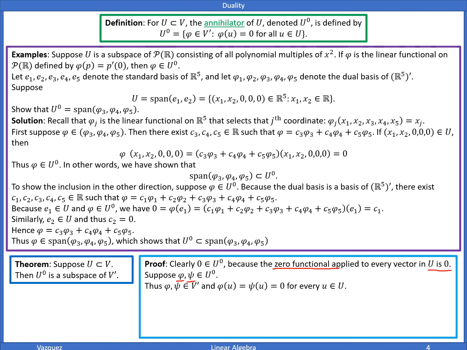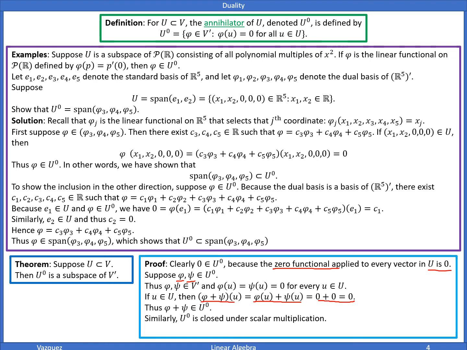Right, if they're in the annihilator, then give me any vector, I'll spit out 0. So that's what those are doing. Well then, if we just add them, we get nothing but equalities. 0 equals 0 plus 0, therefore it's equal to 0. Therefore, their sum is closed under addition, so the sum is in the annihilator of U.